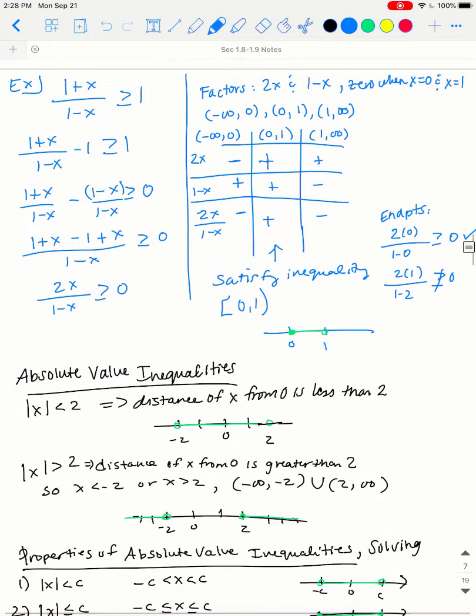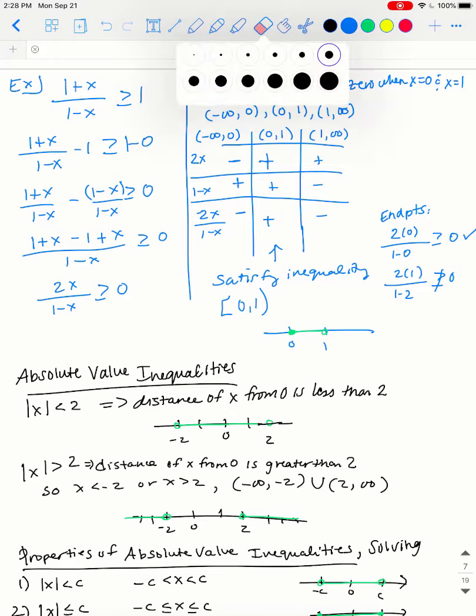Okay, here's another example. So we have 1 plus x over 1 minus x is greater than or equal to 1. So first, we're going to move all of our terms together. So I'm going to subtract 1 from here, and then I'm going to subtract 1 from here too. So that zeroes out.